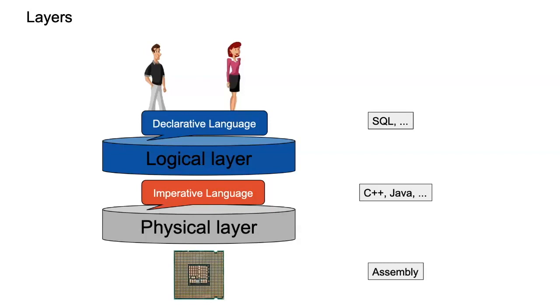Now I just have to maybe say a word of warning: this notion of logical layer, physical layer, it is not absolute, because you might have people who implement things on top of SQL. Imagine that they implement, I don't know, a voice assistant like ChatGPT that can issue SQL queries. From the perspective of the people who use ChatGPT to connect, SQL would be a physical layer then, right?